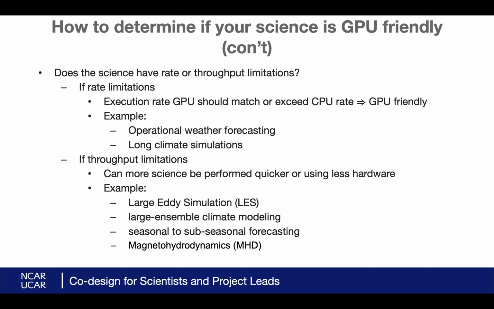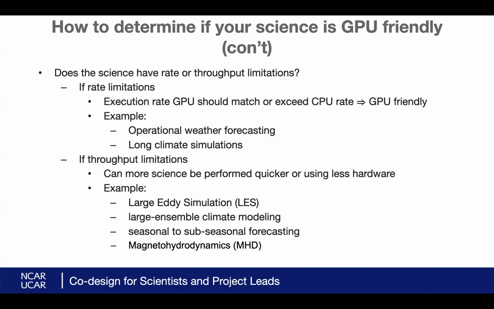The other question: you could not have a rate limitation, but rather a throughput limitation. And the question then is, can you do more science quicker or use less hardware? Some examples of these are large eddy simulation, large ensemble climate modeling, seasonal to sub-seasonal forecasting.